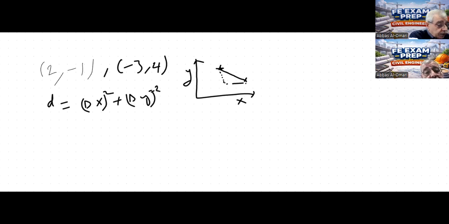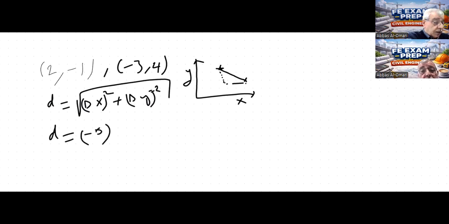So D equals, we simply apply this formula. Delta x is -3 minus 2, so that's -5, squared, plus delta y is 4 minus -1, so that's again 5, squared, all under the square root.